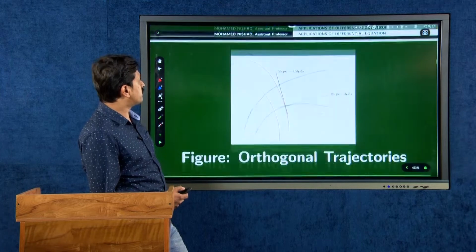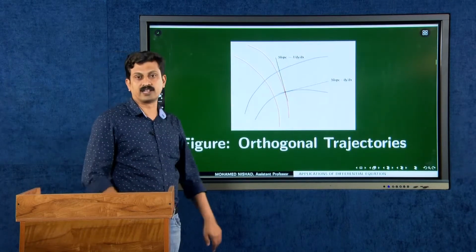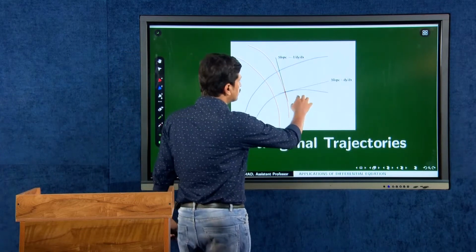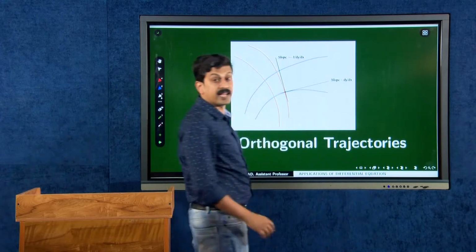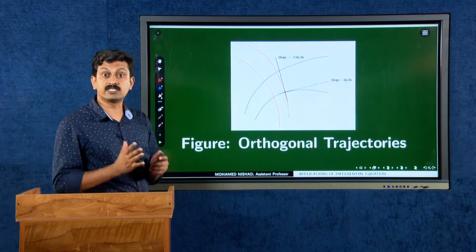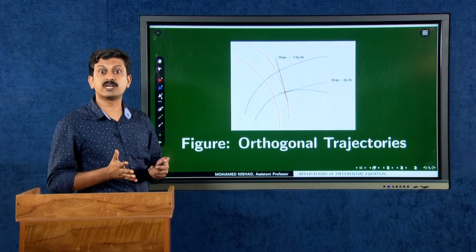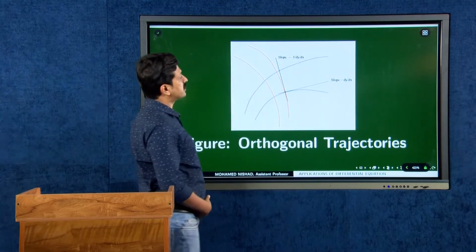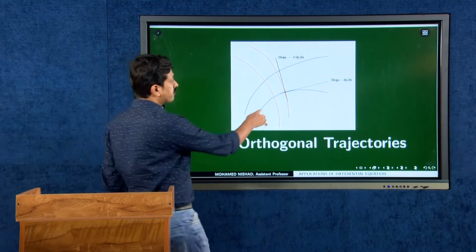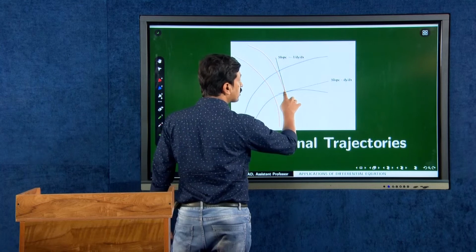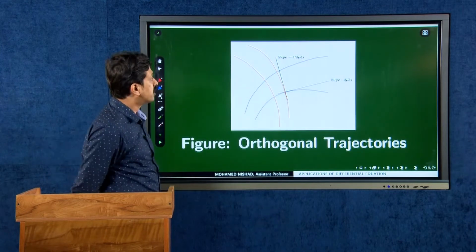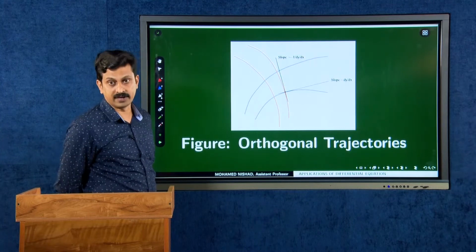See, we will get curves like this. Here, consider the blue lines. The blue lines are the original curves given by the question, f of x, y, c equal to 0. For each and every point on that curve, you can draw a tangent line with slope dy by dx.